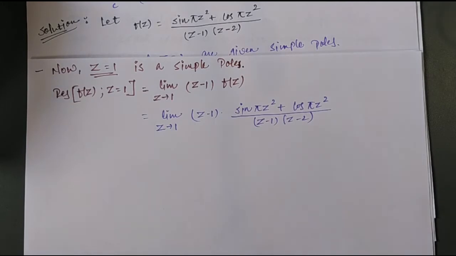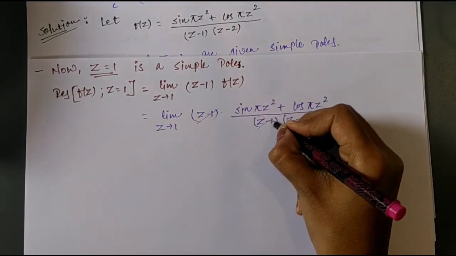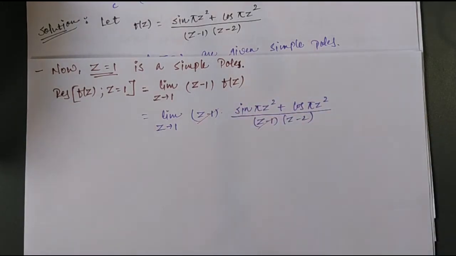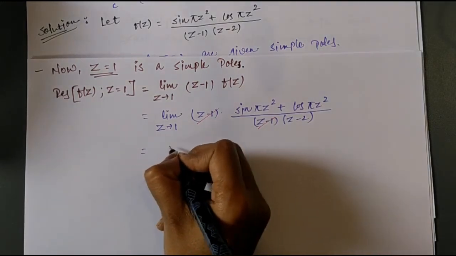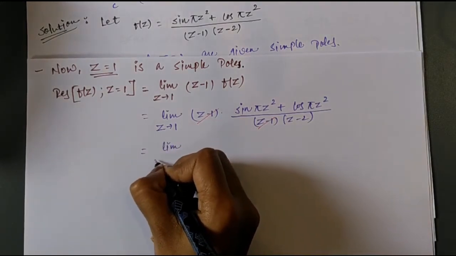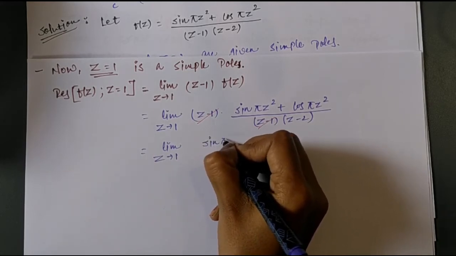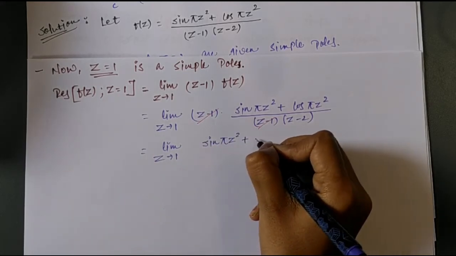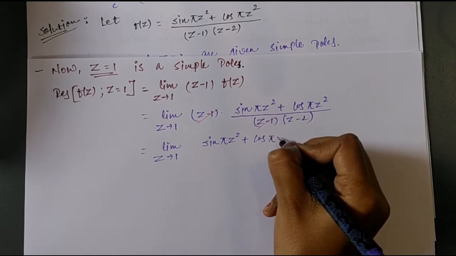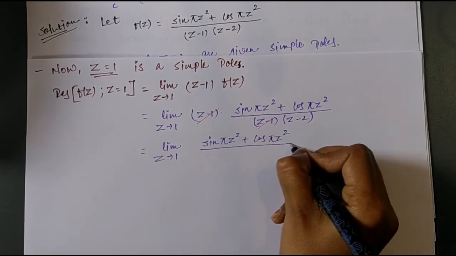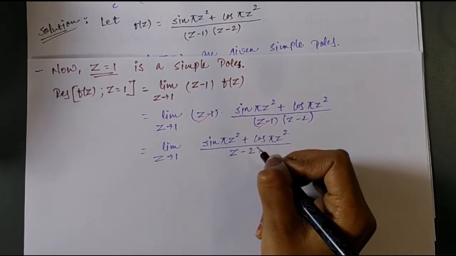And you can observe here both terms will be removed. So the remaining term we can write: limit z tends to 1, sine pi z square plus cos pi z square upon z minus 2.